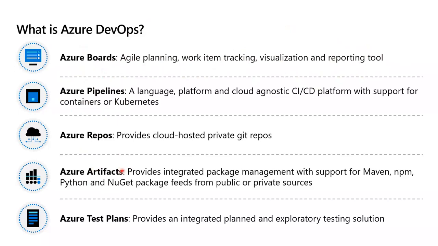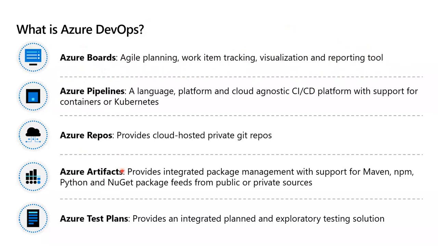For example, when you are working with Python, there is a common hub of libraries that is known as pip. In C#, we have NuGet. In Java, we have Maven.